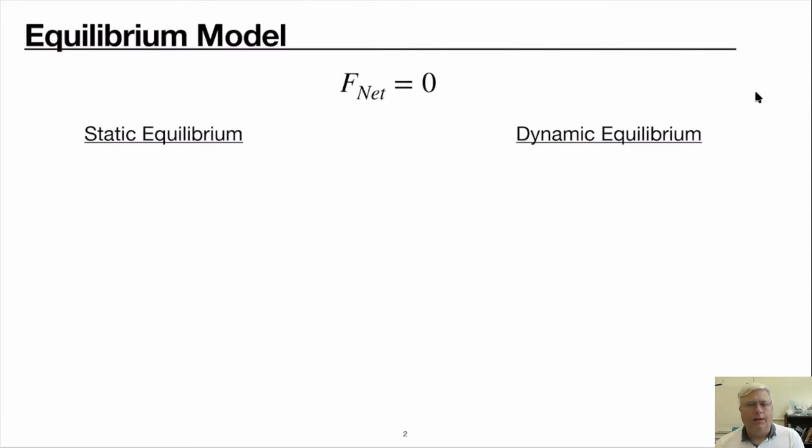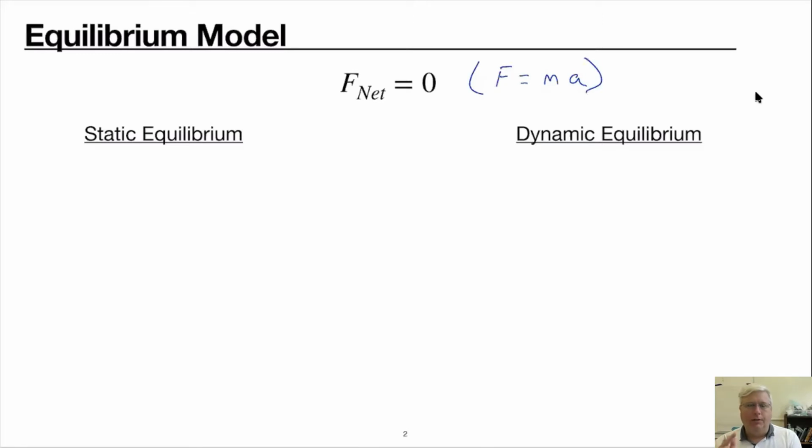Recall we said that when a net force was zero, we called it a mechanical equilibrium. And this of course came from Newton's second law of motion: force equals mass times acceleration. When we were in mechanical equilibrium, there were two types.